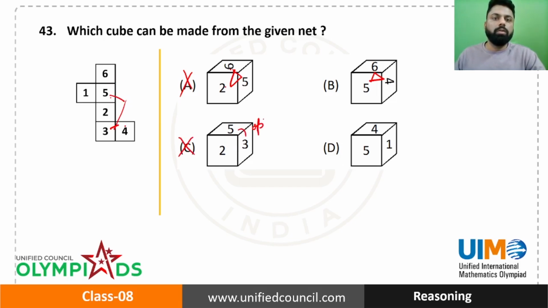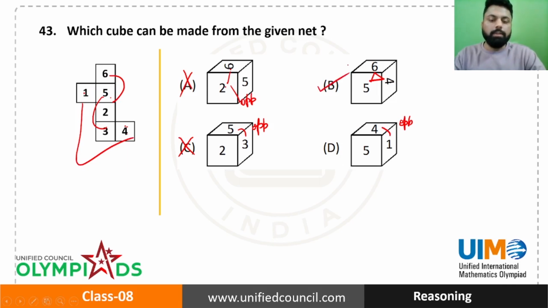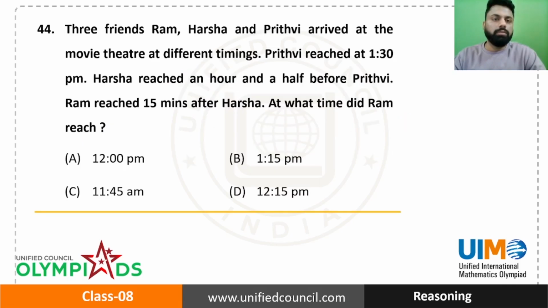They are opposite. 6 and 2 are opposite. 4, 5 and 1. So for this, 1 and 4 are going to be the opposite ones. See, these two are opposite, these two are opposite, and these two are opposite. So option B is the correct answer. Sometimes you need to just eliminate the options.